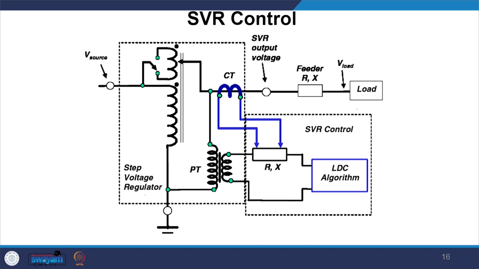This is your supply voltage, and then you have step voltage regulators, PT, CT is connected, and this is your SVR output voltage, and this finally the load voltage which has been experienced. And there is an algorithm for your SVR control that can be incorporated within the control strategy.